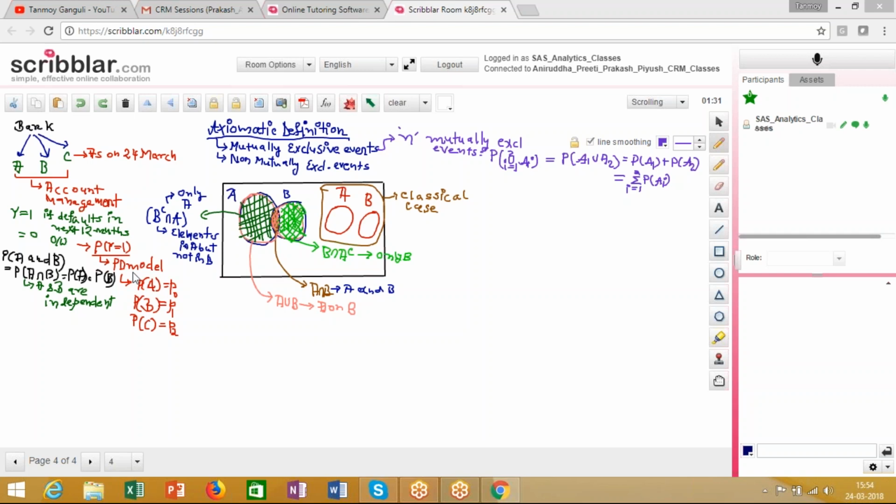So over here we are just talking about the mutually exclusive events. So there are two people, A and B. What is the probability that A or B can default? Or the default can happen from segment A or from segment B. So this is what we are trying to do.